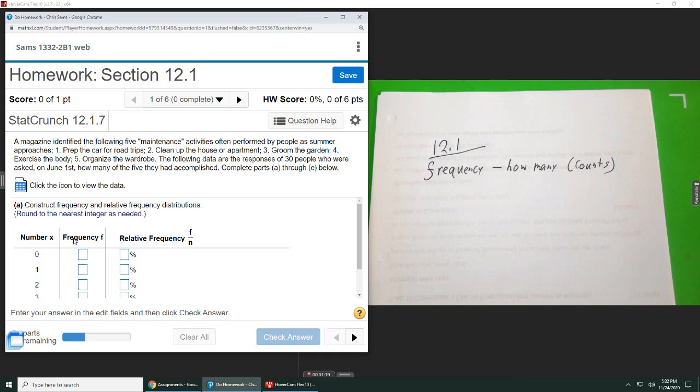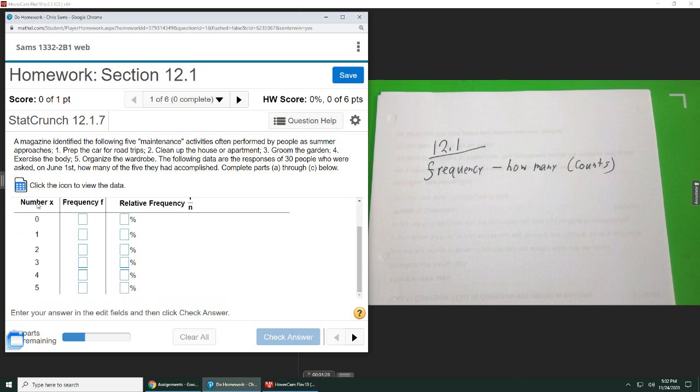All right, so what we have to do is count how many responded to these 5 things. So this is the number. Some of them have done none of them. Some of them have only done 1 of the 5, 2 of the 5, 3, 4, and so on.